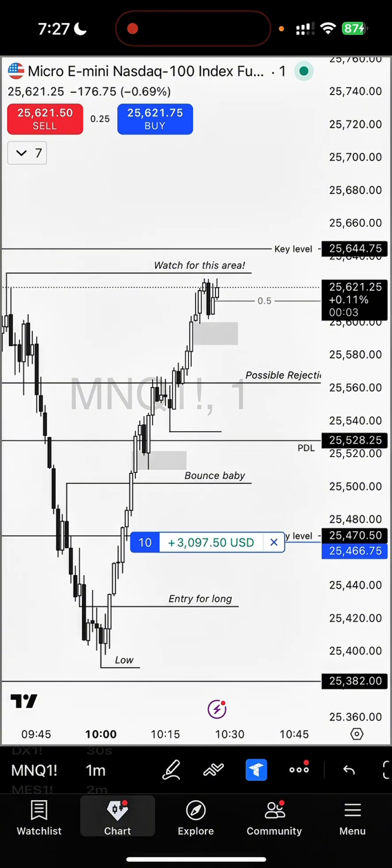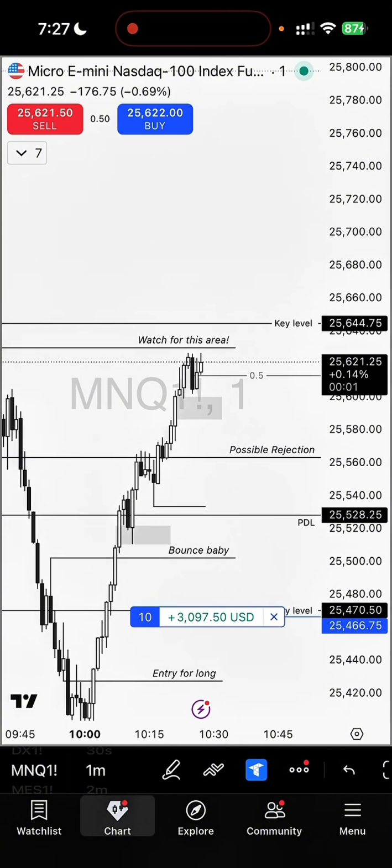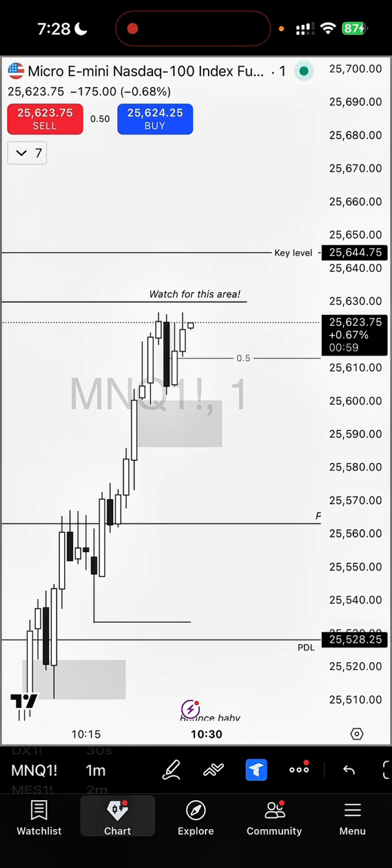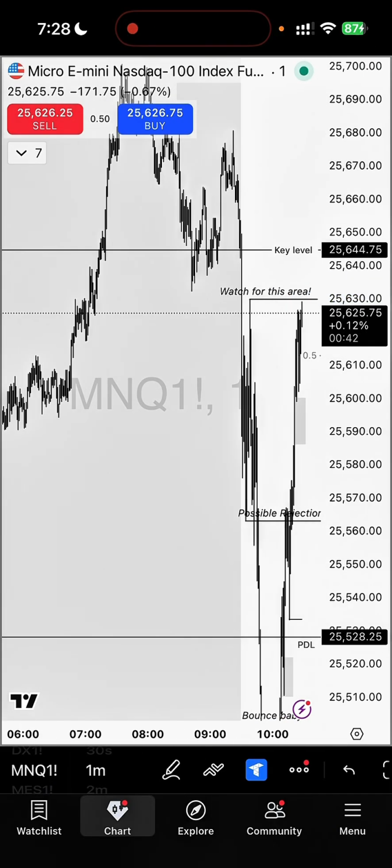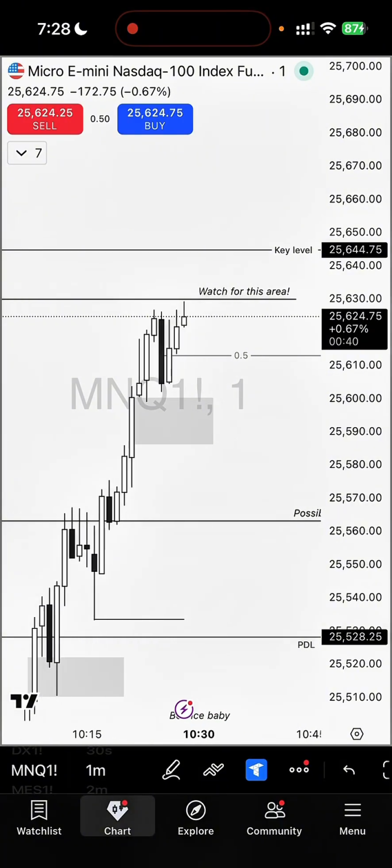I'm still in. As you can see, this area is a really important area. Close above this, we would definitely see a retouch of a key level.